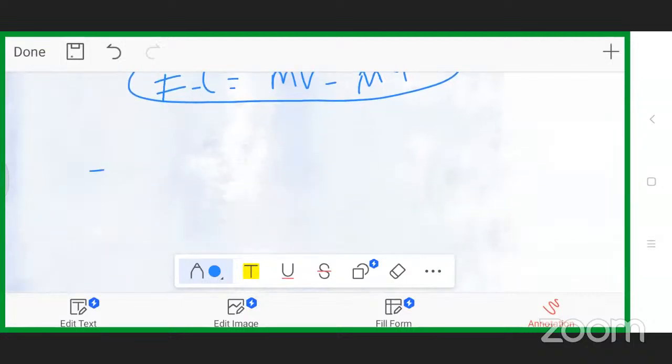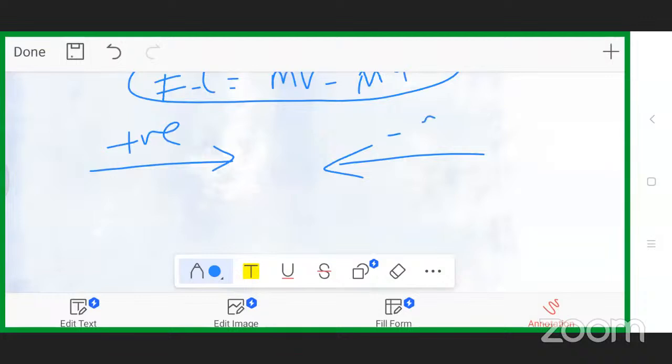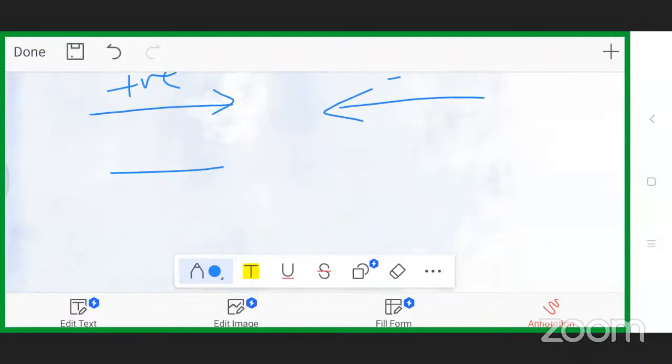So if you have one body moving this direction, the other one moving in the opposite direction, this will become the positive, this becomes the negative. If all of them move in the same direction, you're allowed to take them all as positive. But the convention matters a lot, because velocity is a vector, momentum is also a vector.